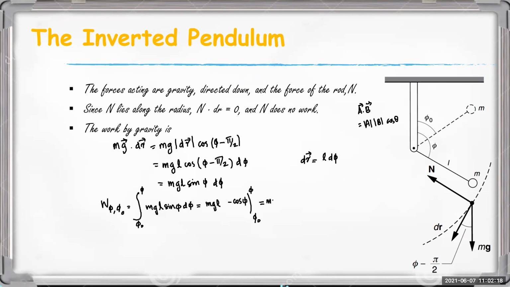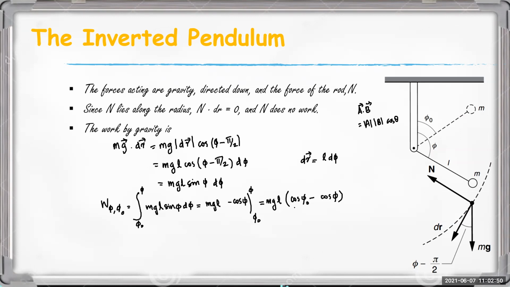When we apply the limits, the upper limit phi gives minus cos phi, and the lower limit phi 0 gives plus cos phi 0. Then I write cos phi 0 minus cos phi.